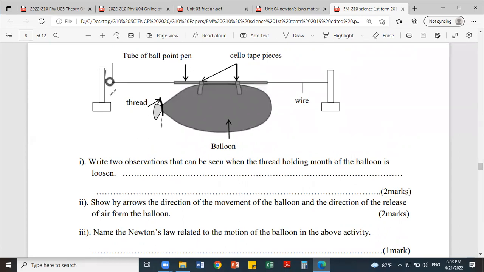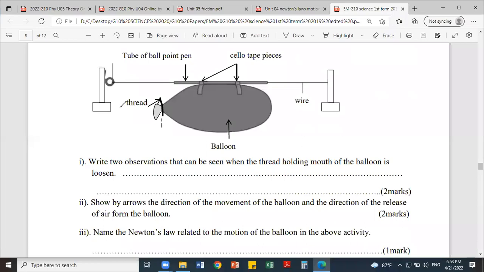Many other examples you can write, like a ball rebounding on the floor.